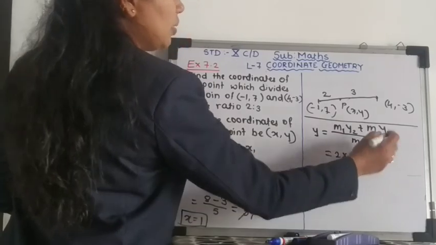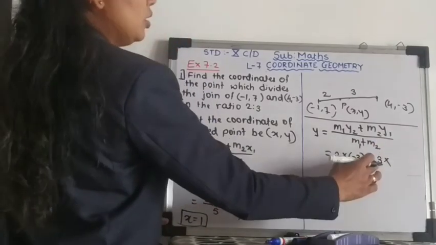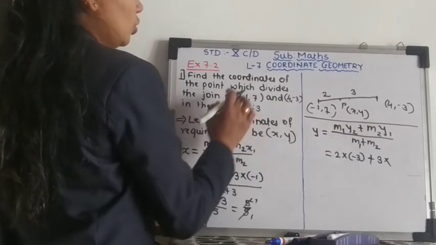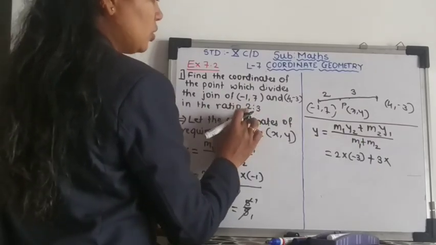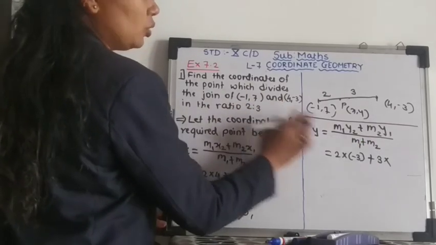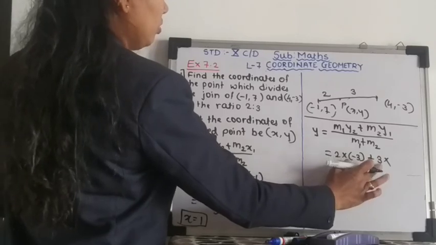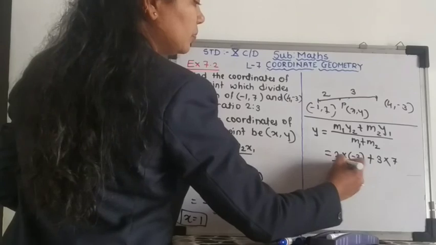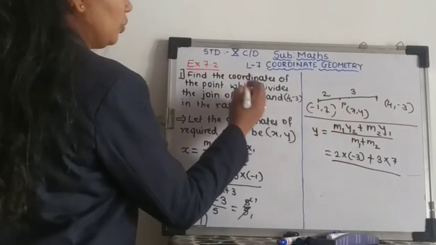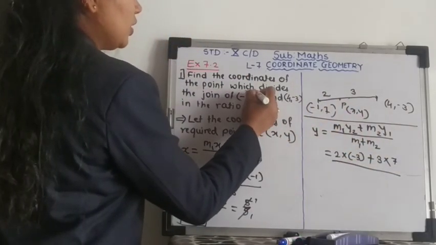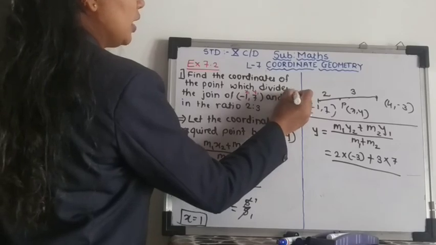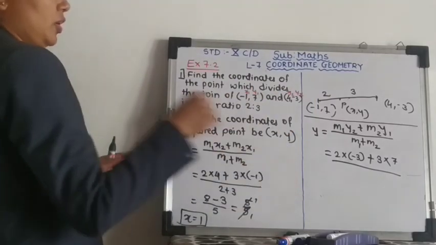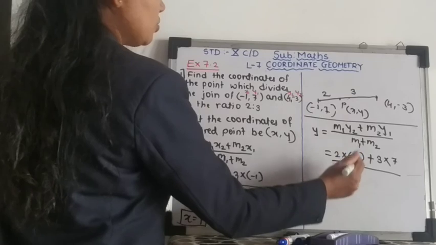Minus 3 plus 3 into your 2:3 ratio. So m1 is your 2 and m2 is 3. So this m2 we have written here as 3. So y1 is 7. See, this is our x1 y1 and this is our x2 y2. If we are getting jumbled, at that time just write it down.